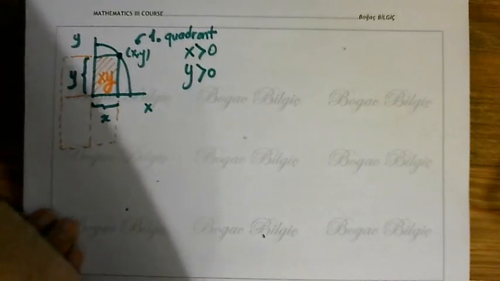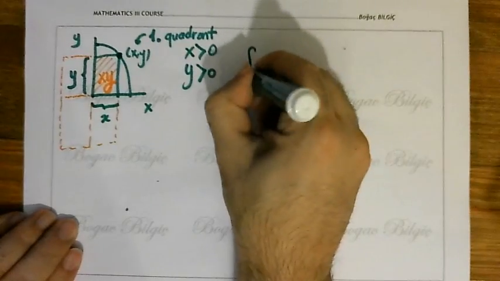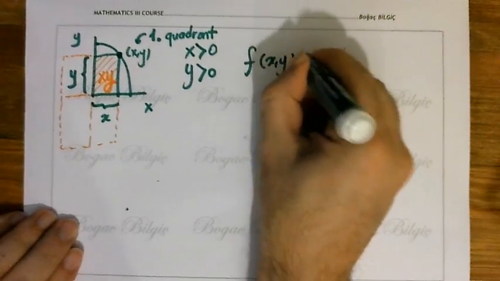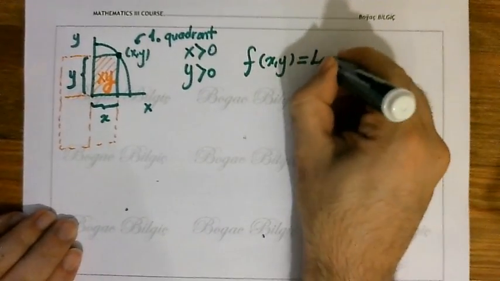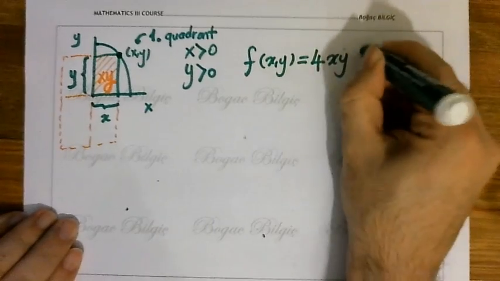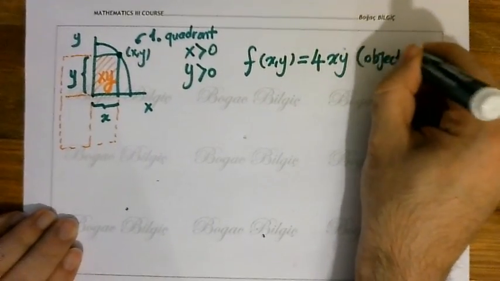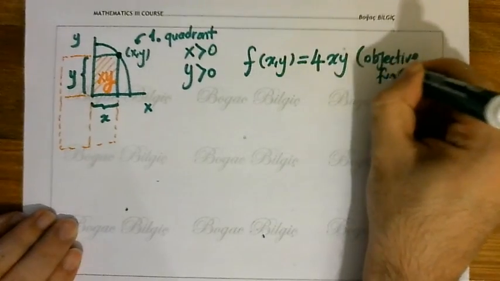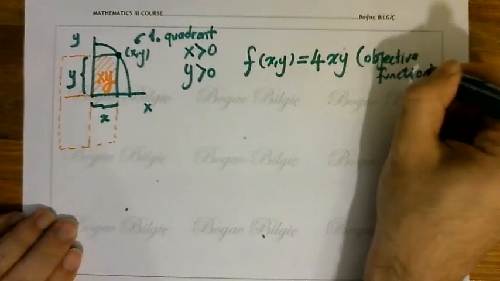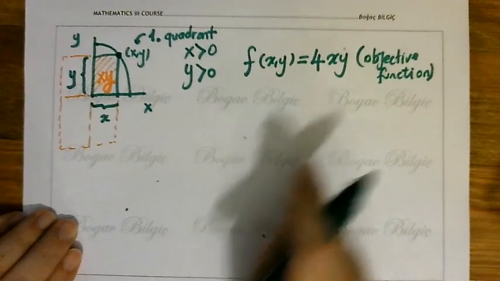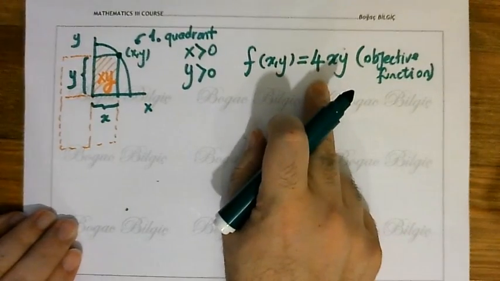So the total rectangle area is f(x, y) = 4xy. This is the objective function. I want to maximize this area.